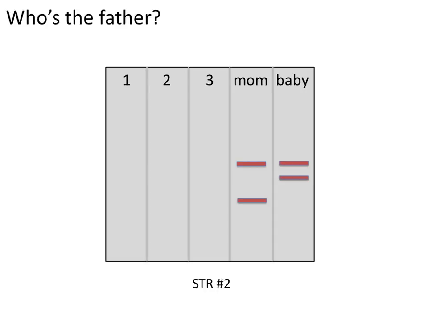Well, first of all, let's get mom here. Mom has this allele and this allele. The baby has this allele. So the father has to have this allele. Right? Okay. Again, this is the father.